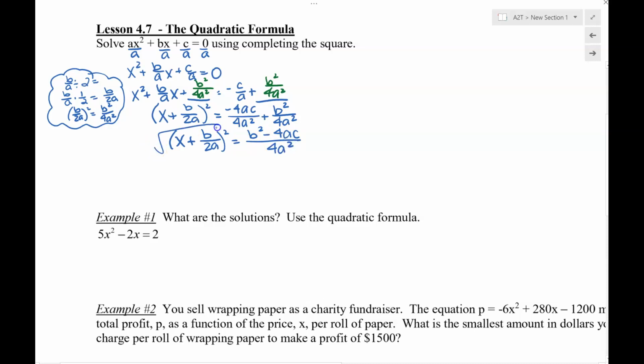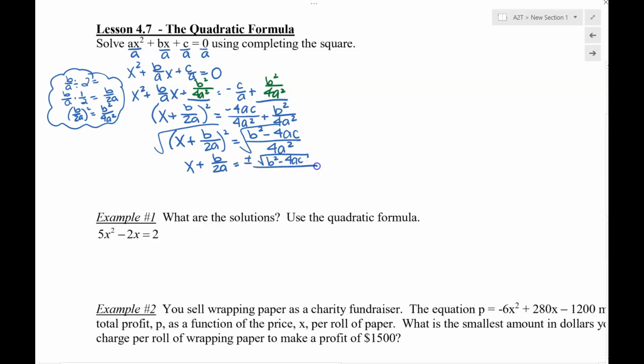Okay, and then we have to take the square root because we're trying to solve for x. We have to get rid of that square. So x plus b over 2a is equal to, don't forget, when you take the square root, you need a what? Yep, you need a plus and a minus. The square root of b squared minus 4ac.